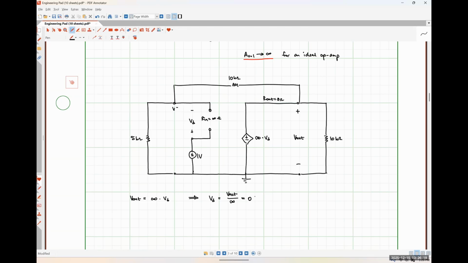So that means if I'm using an ideal op-amp model, my differential voltage is zero. Is that familiar? That's ideal op-amp rule number 2. The voltage present at the non-inverting input terminal must be equal to the voltage present at the inverting input terminal.